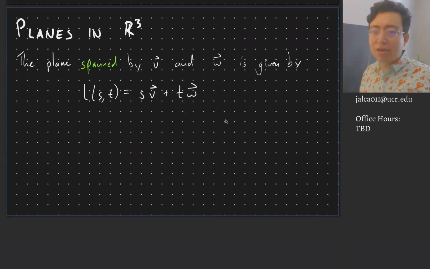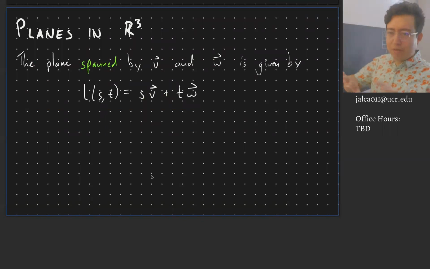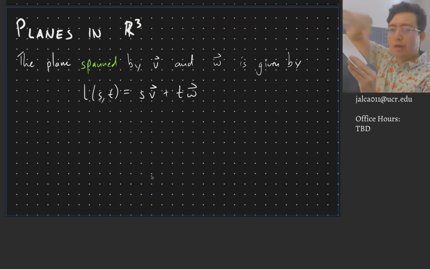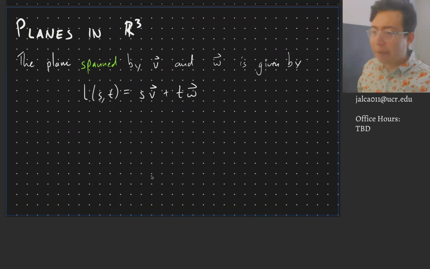There are some nice pictures in the textbook too, but basically you have three-dimensional space, and you can put planes inside. Think of it like a piece of paper living inside of R3. That's like a plane in R3. And basically, you need two vectors to decide where the plane is.